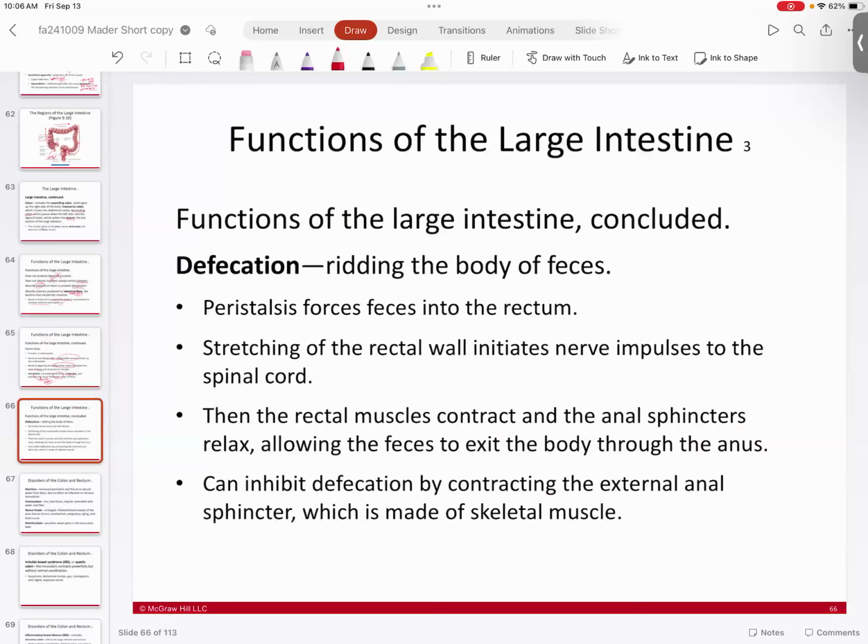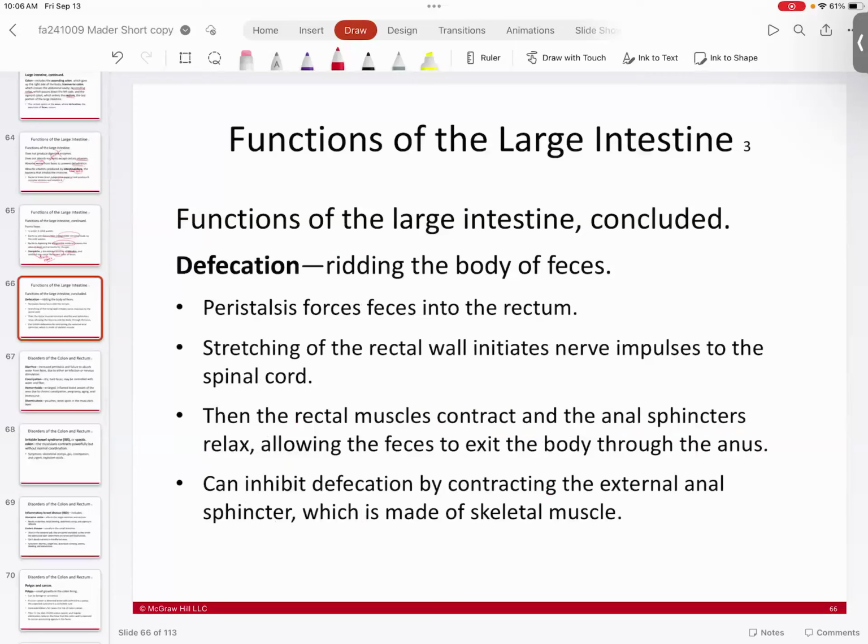So when you take a look at defecation, essentially peristalsis is what forces the feces into the rectum. Once it's in the rectum, the rectal walls will stretch. That will signal nerve impulses going to the spinal cord, and that will stimulate those rectal muscles to contract. But the anal sphincters, you have two sets of them, inner and outer, will have to relax.